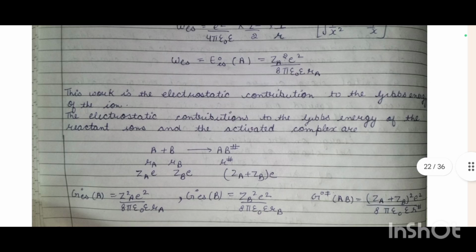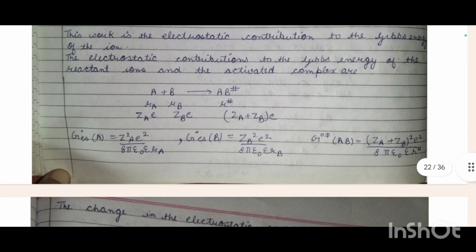This work is an electrostatic contribution to the Gibbs free energy of the ion. The electrostatic contribution to the Gibbs free energy of the reactant ions and the activated complex: A plus B changes into the activated complex AB‡, r_A + r_B is equal to r‡, and z_A e + z_B e is equal to (z_A + z_B)e.